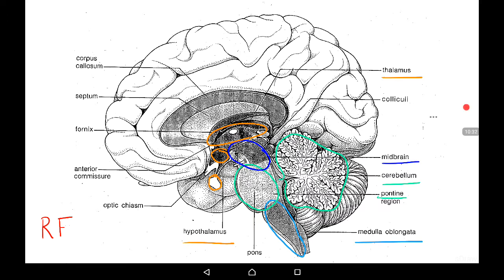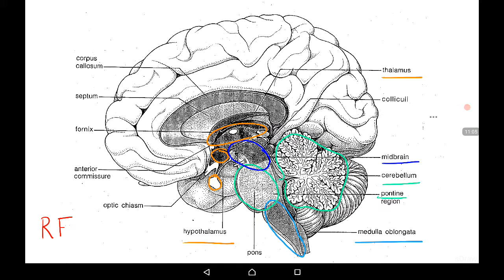Thalamus is in fact the relay station for incoming sensory nerve impulses and for outcoming motor impulses, which do pass through the thalamus. So most sensory signals, auditory, visual, somatosensory signals, go through this structure.